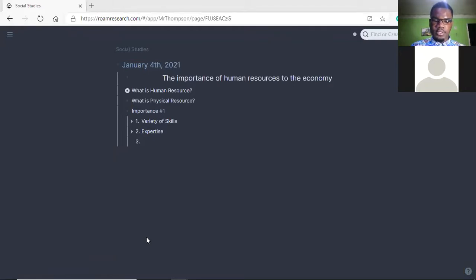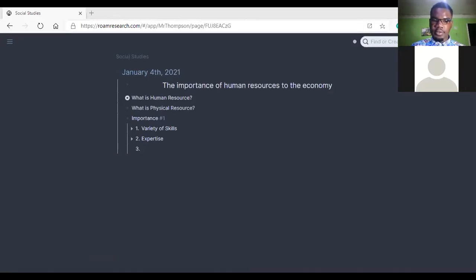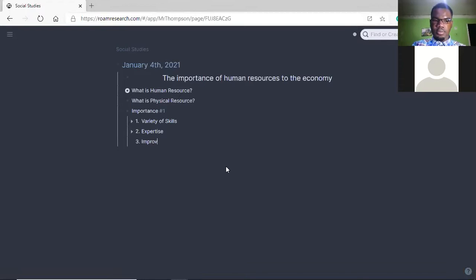So, improves standard of living through jobs and opportunities. Let me give you a brilliant example. The tourism industry, the reason why it's so dominant is because there are so many opportunities there.